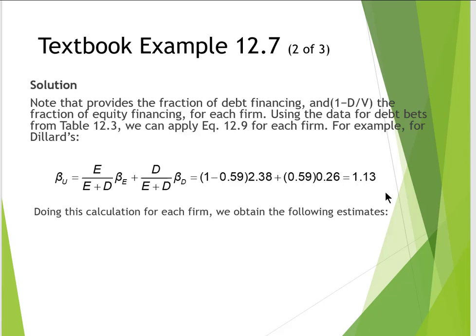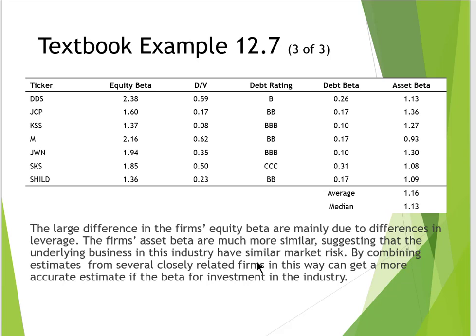We end up with a beta of 1.13. So again, we can adjust by looking at the industry's beta itself. And of course, what we've done here is we've shown how that adjusts out. Here's that 1.13. Now we have all of these companies. If we do that for all of them, we can then average the beta. You can see that the average asset beta in this industry is 1.16.